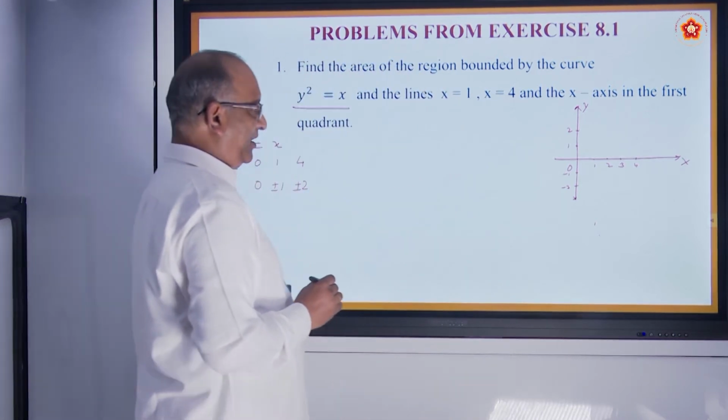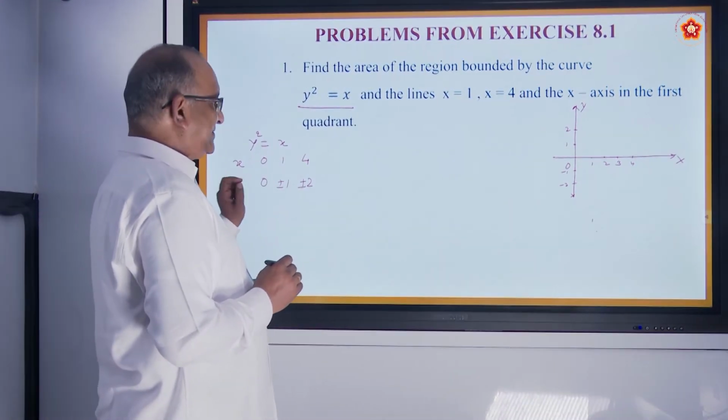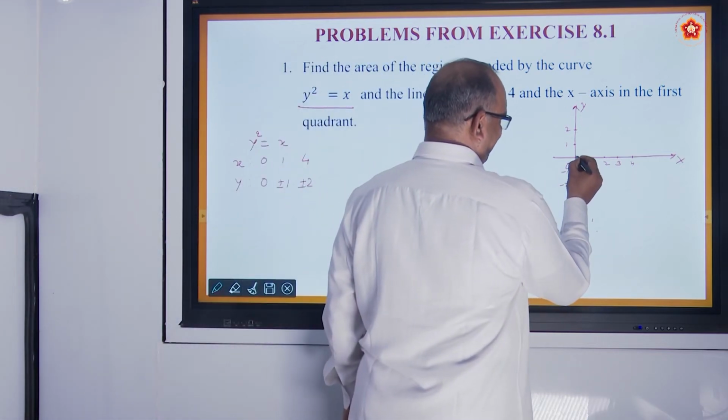Plot these points which we have taken. X is 0, y is 0. So the origin itself is the first point.